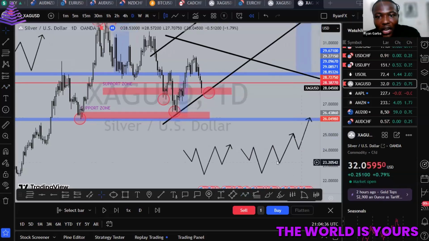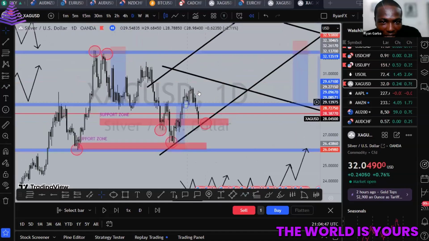So let's say you missed out on the right shoulder. You can wait for price to come and test this region. Then you enter again, which we are going to look at.